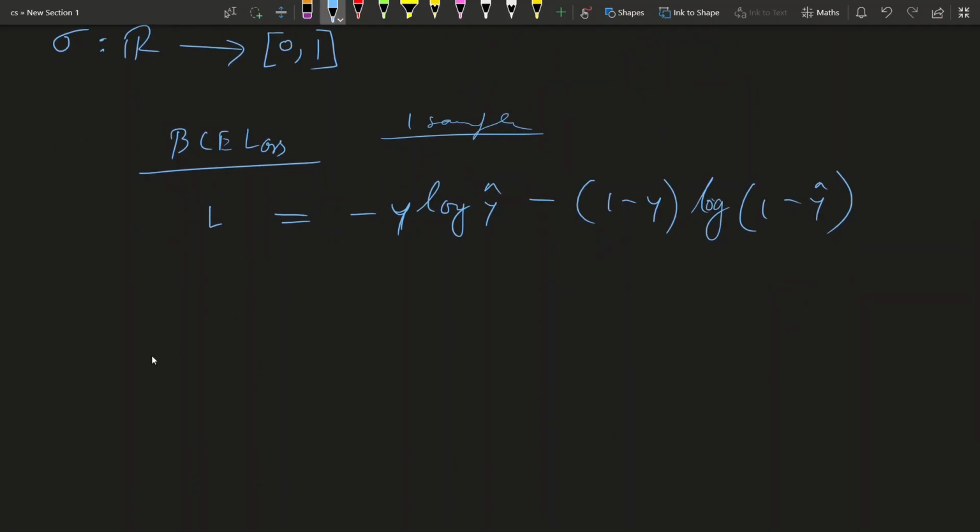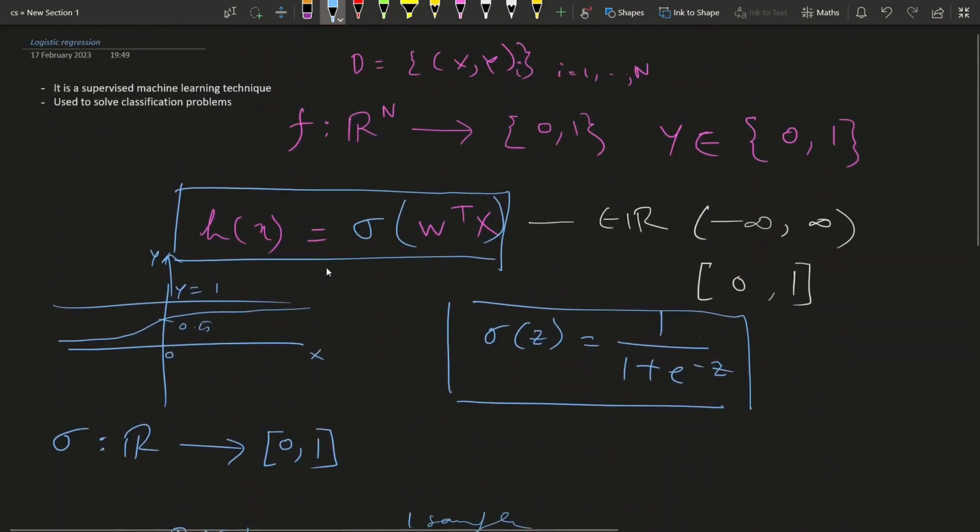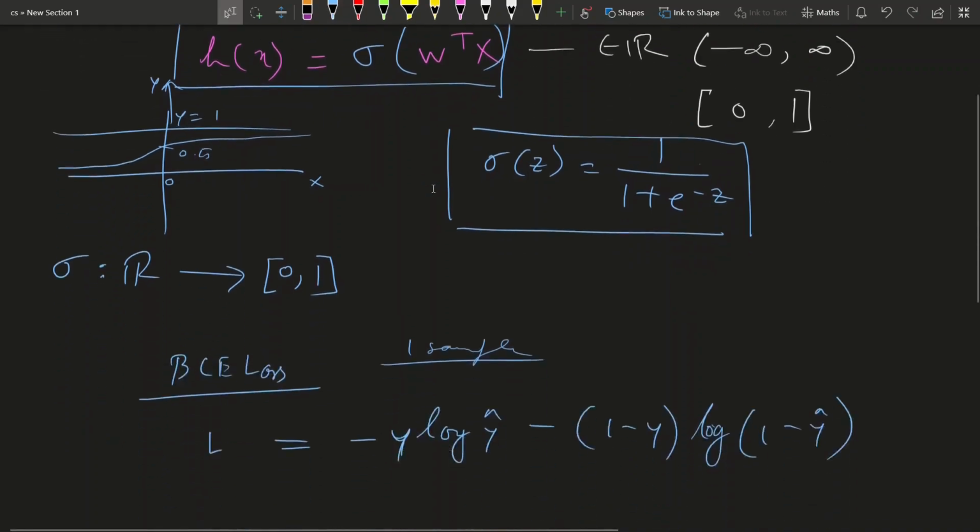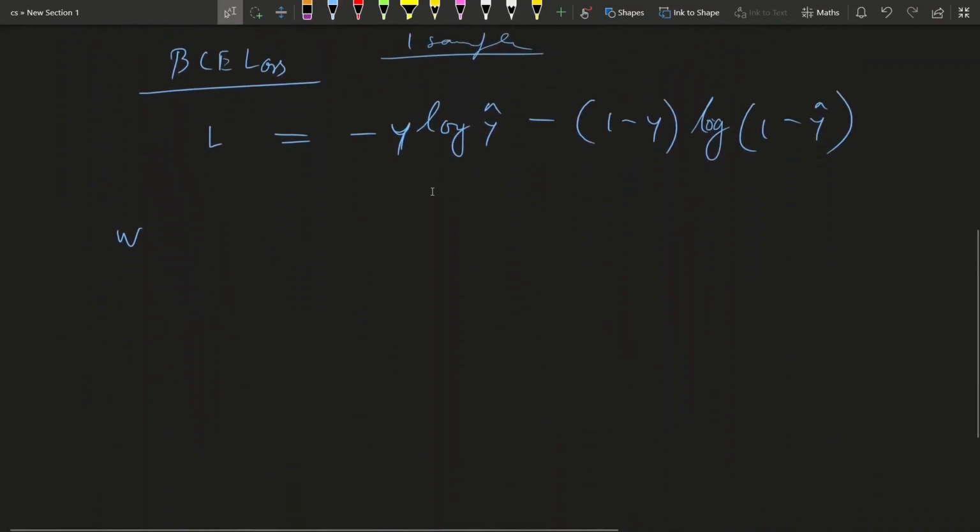Now the next thing is we have to find the gradient update step. We have our weights, and we need to update them. We need to find the optimal configuration of weights that will help us separate the two classes that we are hoping to separate.